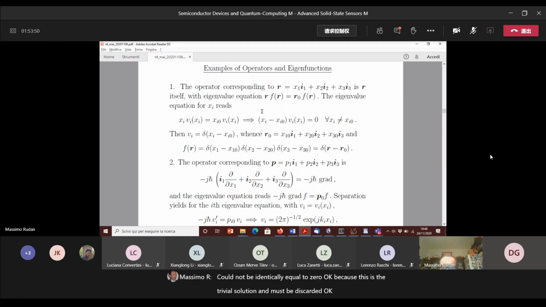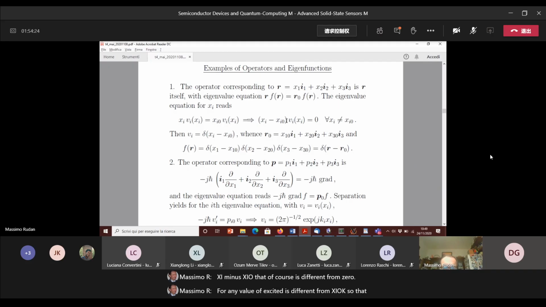But in order to have this product equal to 0, in which v is not identically 0, we must have that the quantity in parentheses, x_i minus x_i0, that of course is different from 0 for any value of x_i that is different from x_i0, okay?